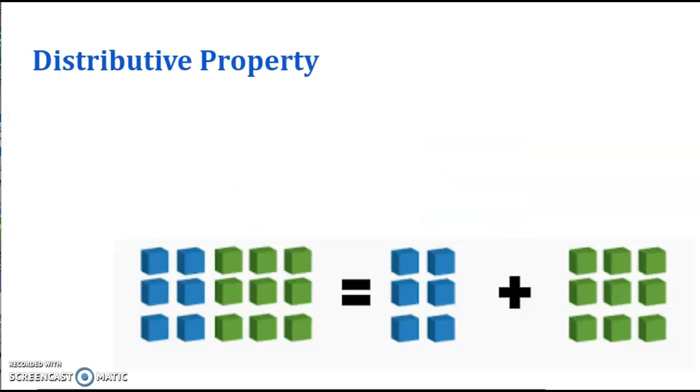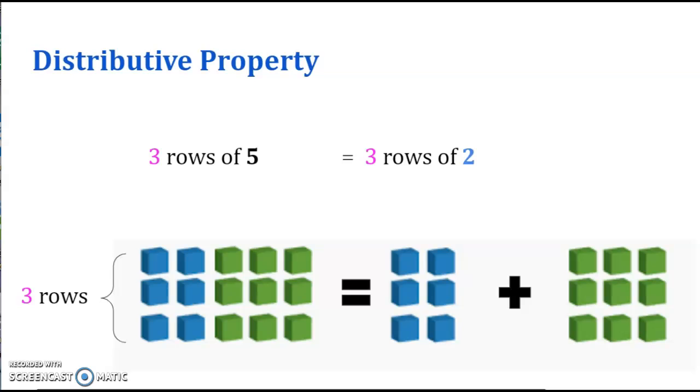Okay, so let's continue. What does the distributive property do? Visually, if you have 3 rows of 5 cubes, then we can break this up as 3 rows of 2 and 3 rows of 3, right? So visually, we're talking about the same amount of cubes on the left-hand side of the equal sign as on the right-hand side.